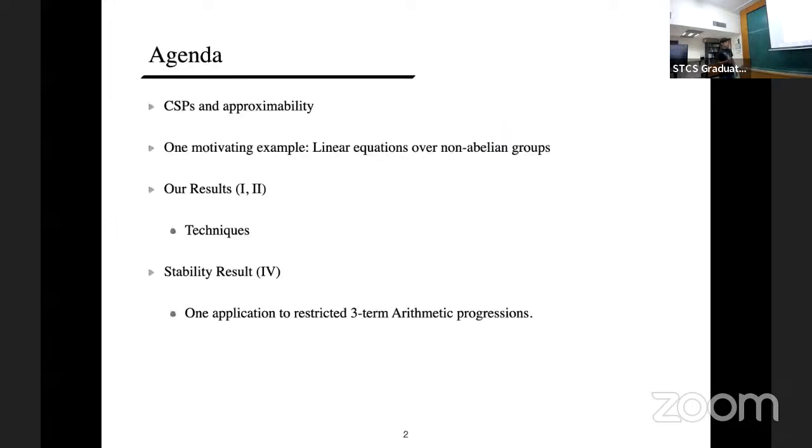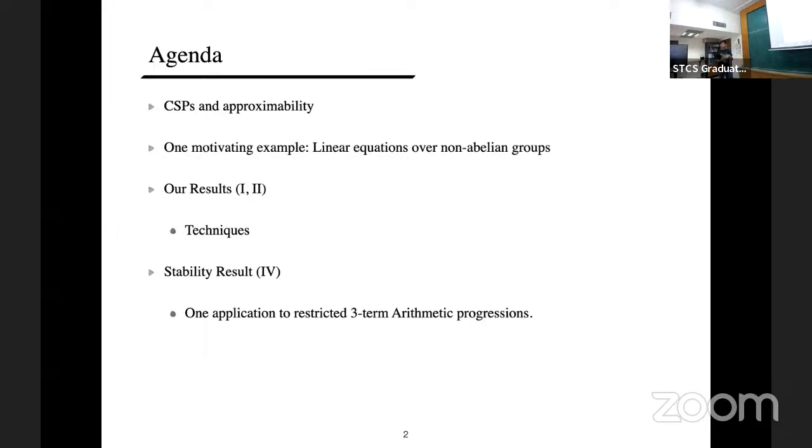Okay. So the agenda for this talk is: I'll define CSPs, constraint satisfaction problems, and I'll define the problem of approximability. Then, to understand the definition better, one motivating example of a CSP that we'll spend some time on is linear equations. Then we'll go on to different CSPs, and I can state our results from papers 1 and 2. Then I want to spend some 10-15 minutes on the techniques, but here I'll be very hand-wavy.